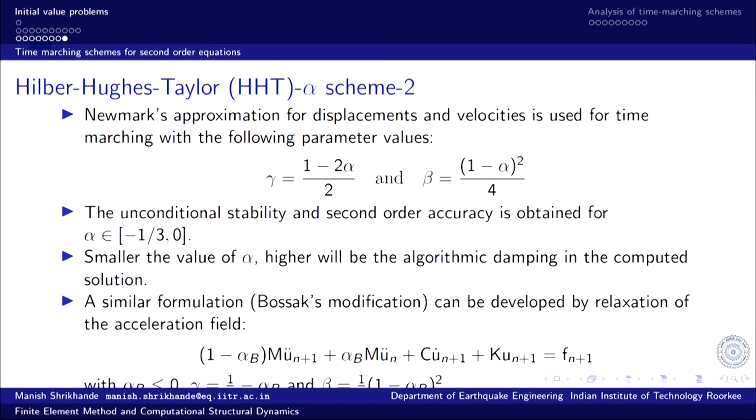A similar formulation, Bossak's modification, can also be developed by using relaxation of the acceleration field. Bossak's modification is based on relaxation of the acceleration field, but the effect is more or less similar.